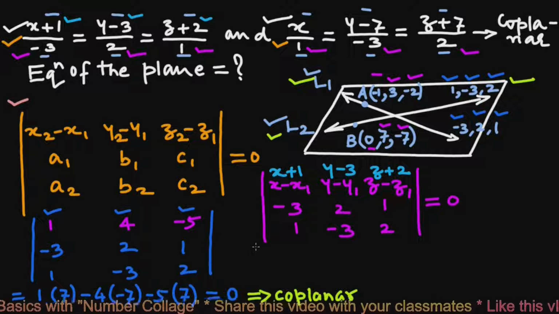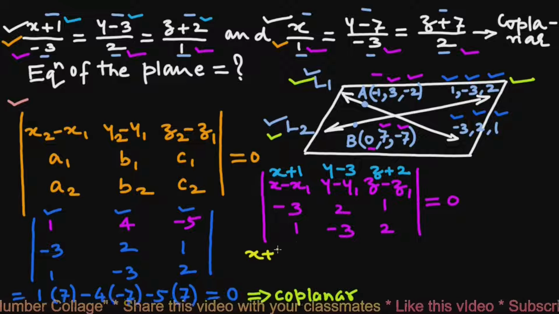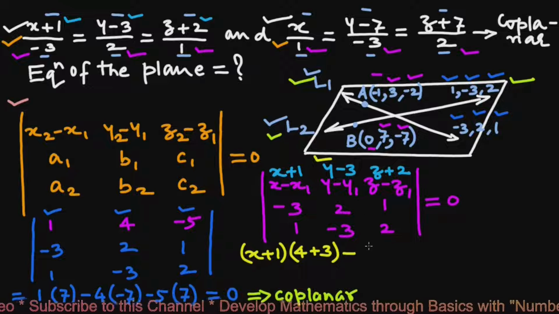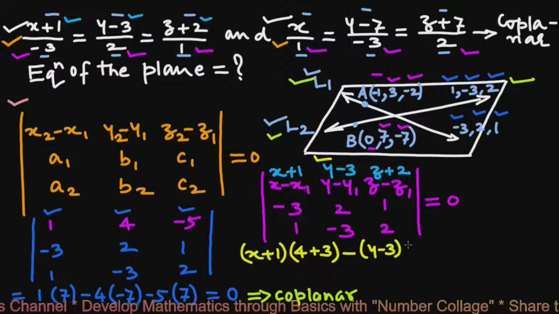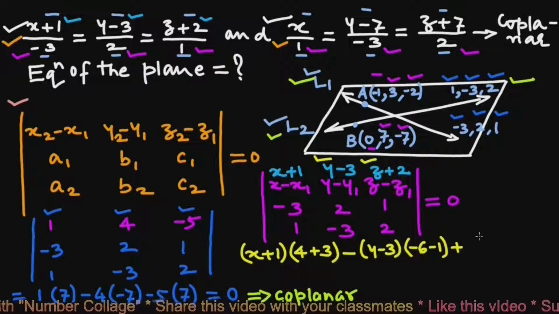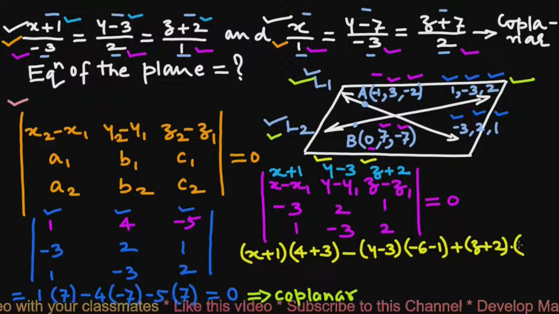Solving the determinant, we write (x + 1) multiplied by (4 + 3), then minus (y - 3) into (-6 - 1), then plus (z + 2) into (9 - 2).